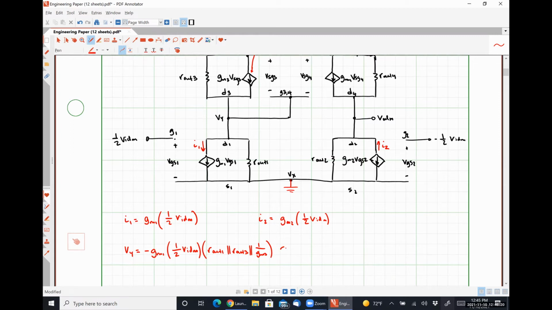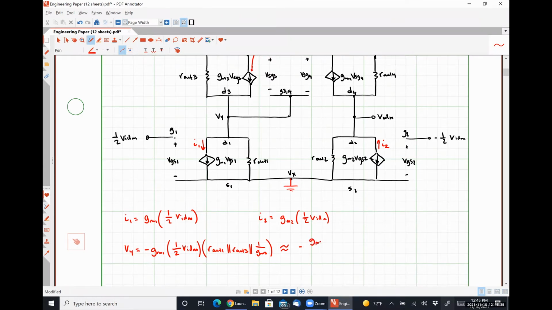Since 1 over GM3 is typically much, much smaller than our output resistances R out 1 and R out 3, this will look like approximately negative GM1 divided by GM3 multiplied by a factor of negative 1/2 VIDM. So we are making an assumption here that 1 over GM3 is small enough to be the dominant factor in this parallel combination of resistances.